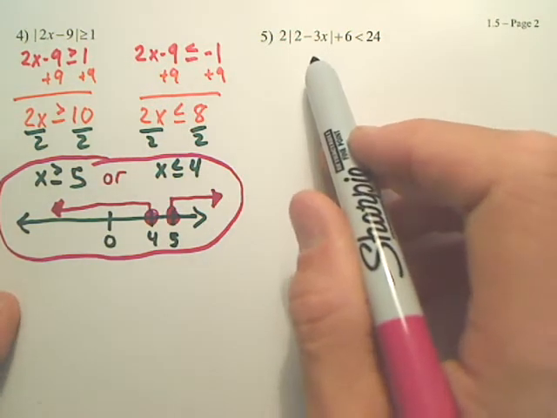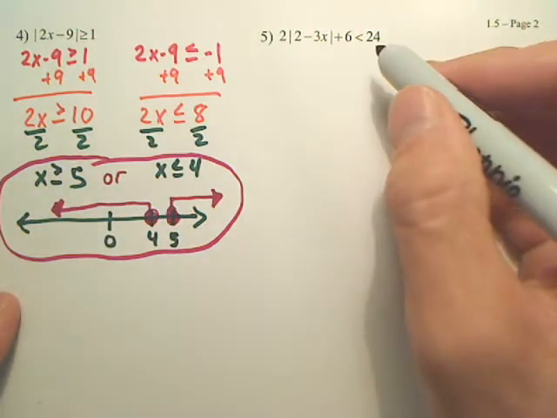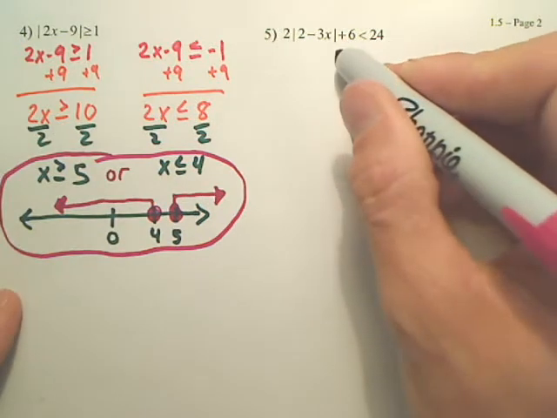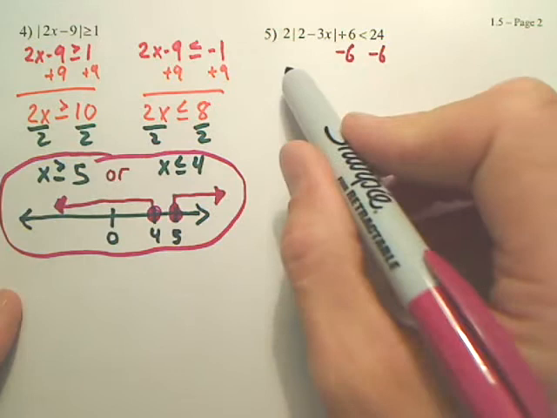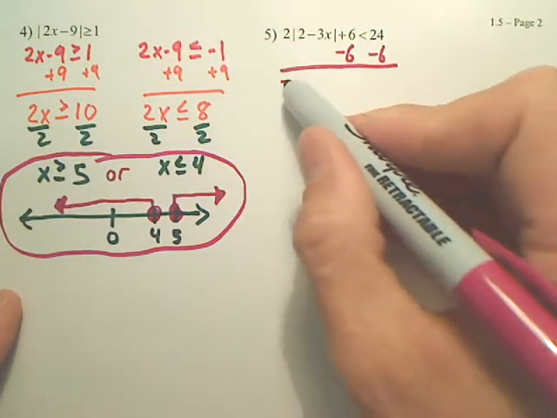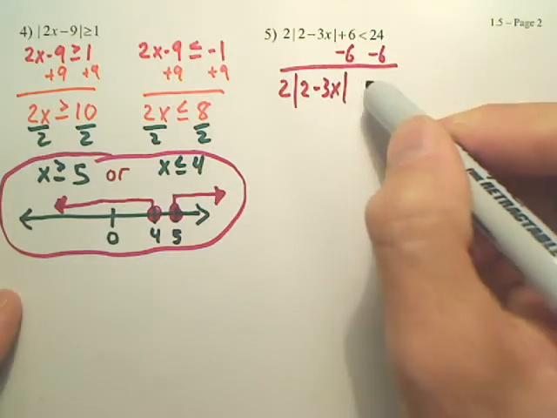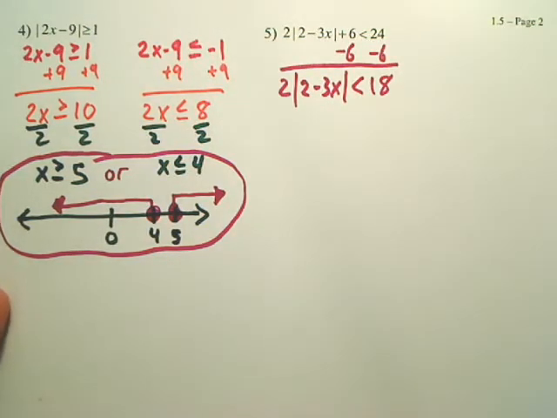Here's another problem. We first need to isolate the absolute values. So the first step is going to be to subtract the 6 over. What will be the next step?